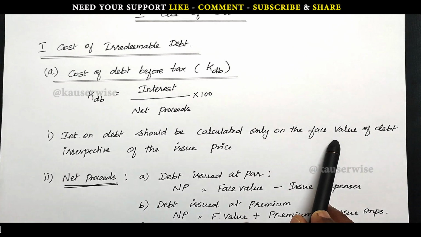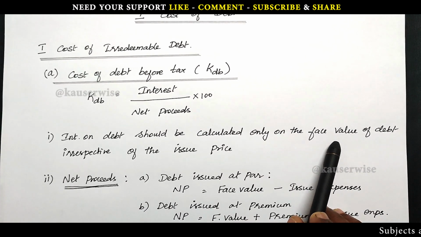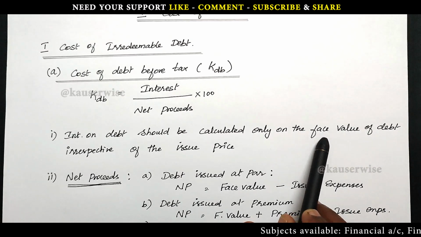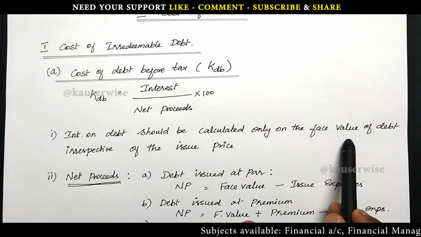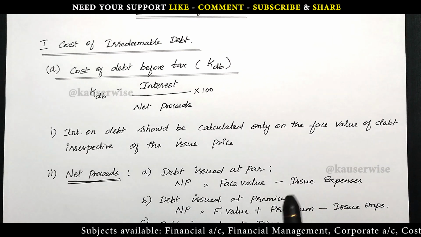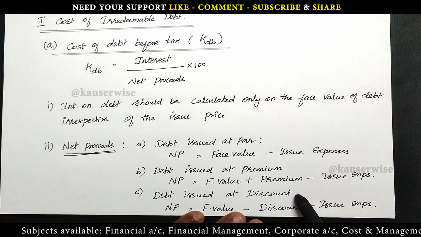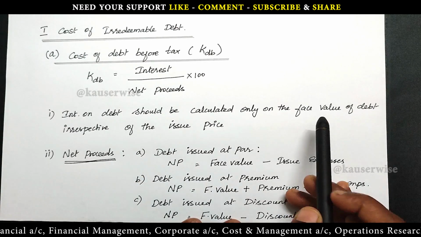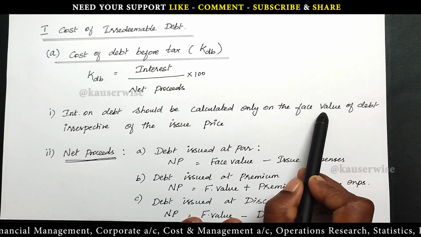You will be getting 2% on 100 rupees. Whether issued at par, premium or discount, interest is calculated based on the face value. This is a very important point.